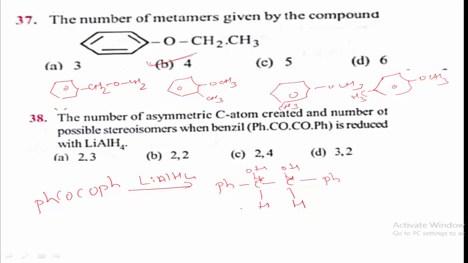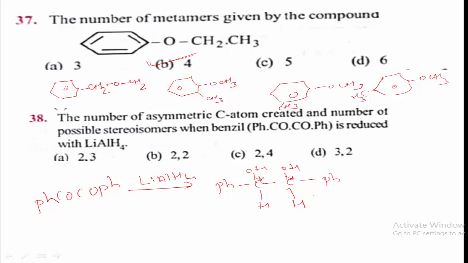It contains two asymmetric carbon atoms, giving two optically active forms and one optically inactive meso form. Therefore, the correct answer for this question is 2 and 3.